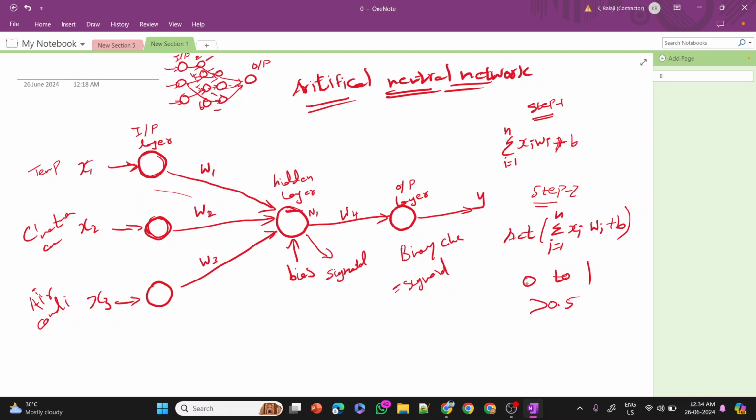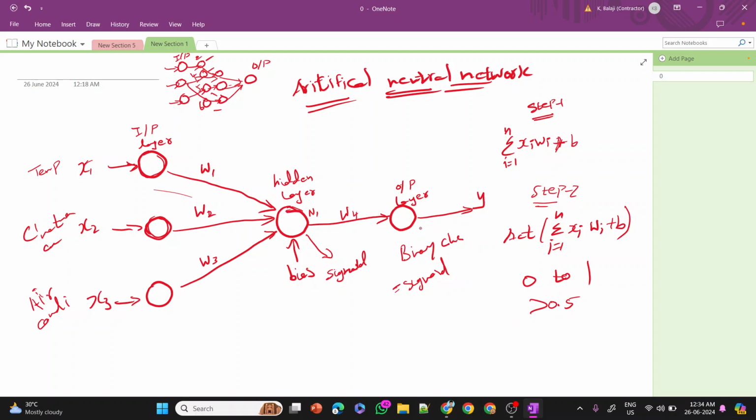Zero means there is no probability that rain will come. One means there is a high probability that rain will come. Whenever the final output value is greater than 0.5, we can consider that rain will come.